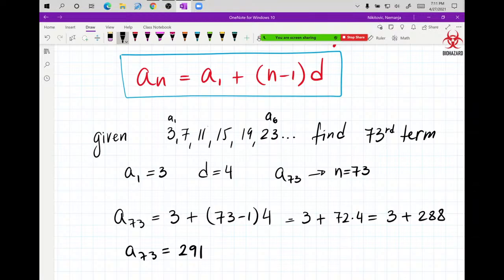Now, the formula can be used the opposite way. They can say the 45th term is equal to this, and so on, and ask you to find a_1 or find the difference. Anything can be unknown. As long as you have all other values, you can calculate what they want.